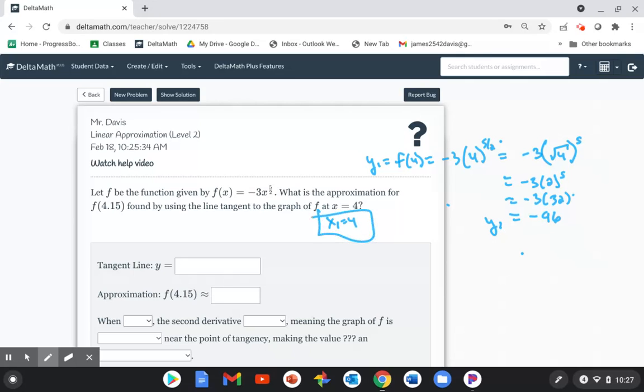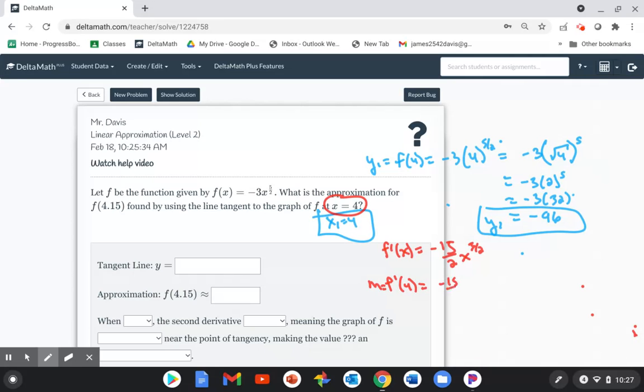And we also need an m. To get our m, we need to find the derivative. So we're going to do f prime of x, which is going to be negative, multiply that 5 halves, so negative 15 over 2, x to the 3 halves power, when we subtract 1. All right, and then we need to plug in our value of 4 into that to get our m. So our m is going to equal f prime of 4.